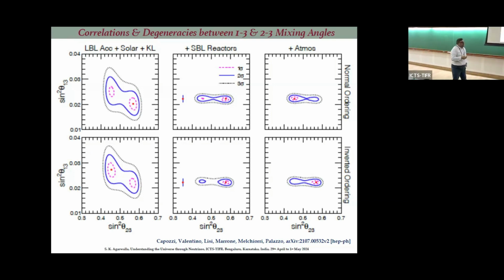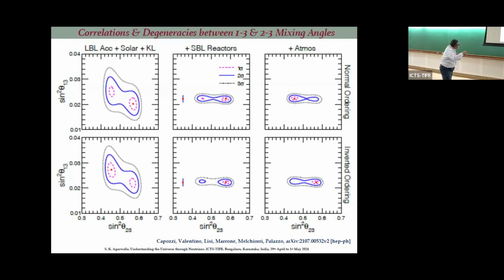See the magic. Once I include the data from Daya Bay, mostly Daya Bay, the short baseline reactor. By now you know what the role of Daya Bay is, right? What is the role of Daya Bay? Please tell me. They nailed theta 1,3 down, right? So theta 1,3 is measured with small uncertainty.